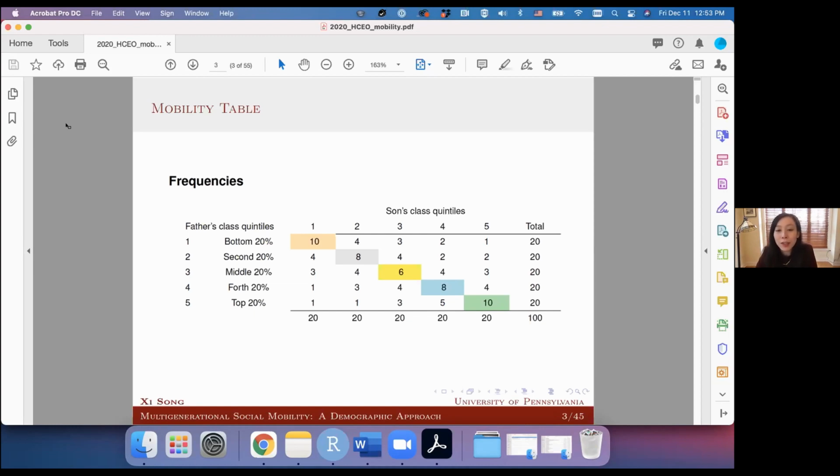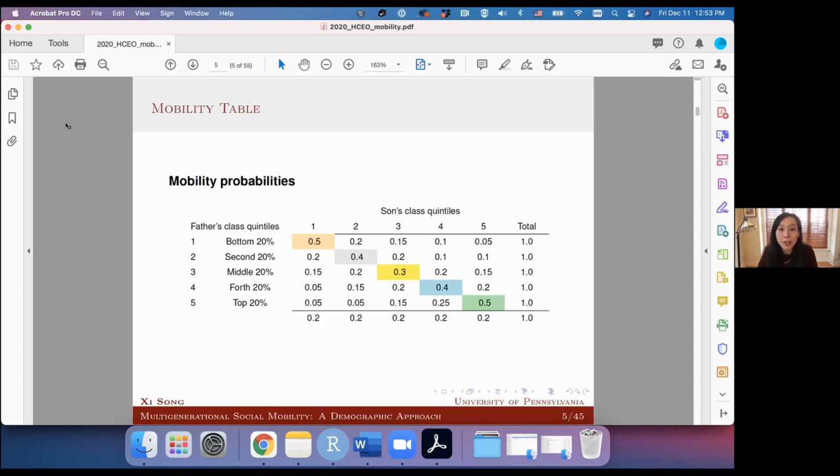So the diagonal cells just tell us the number of offspring who stay in the same social class or income class as their parents. And we can convert the frequencies into mobility probabilities. This is just based on a row transition matrix.